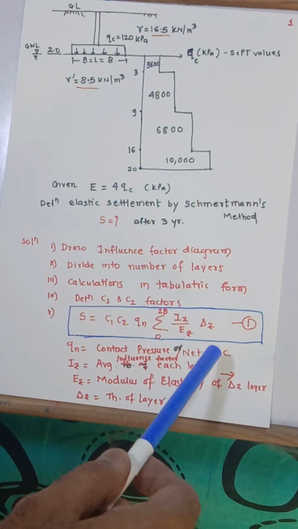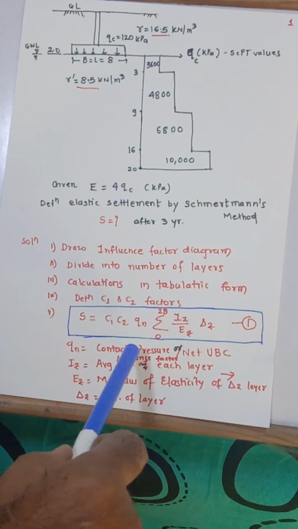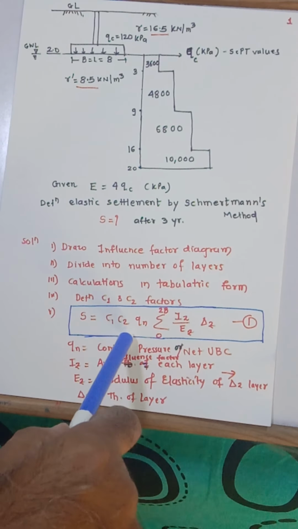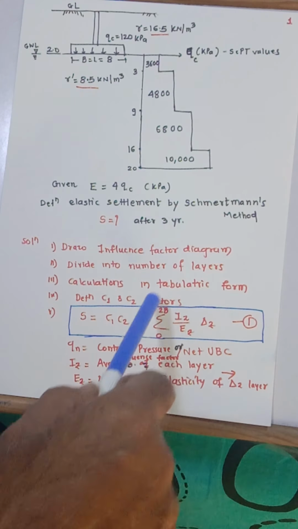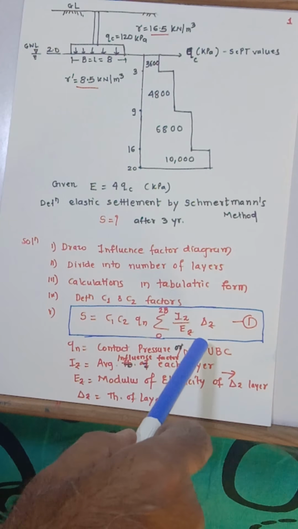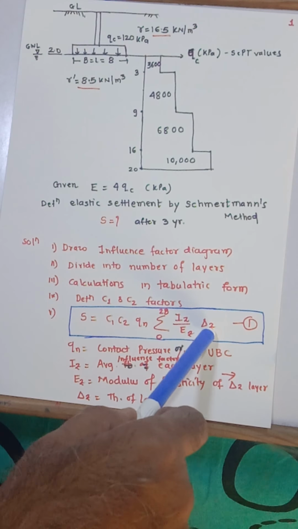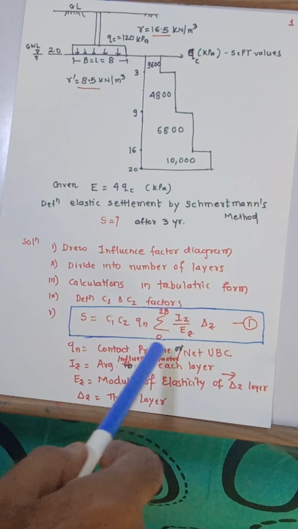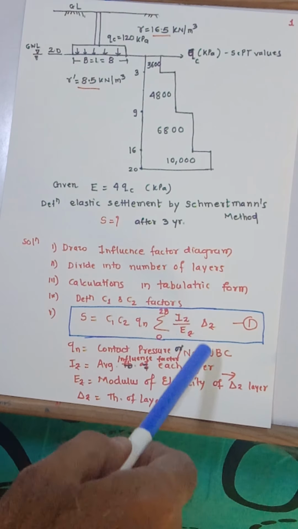So in this expression we are going to evaluate separately C1, C2, then the average of this ratio, that is I upon E, over the different depths. Now we proceed to the further part.